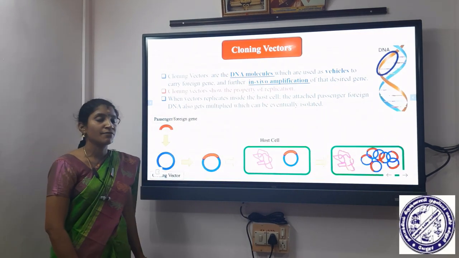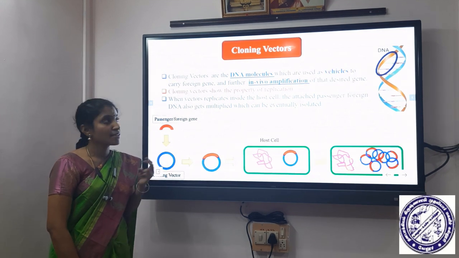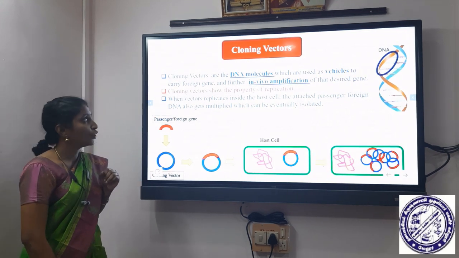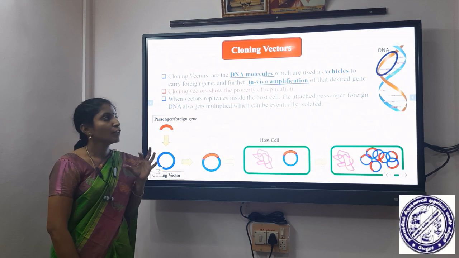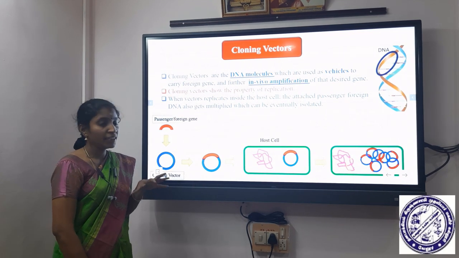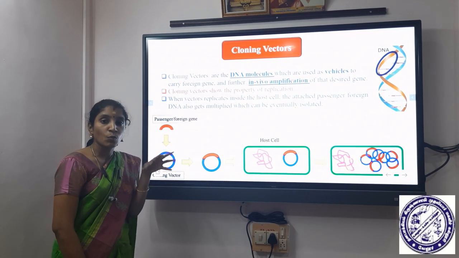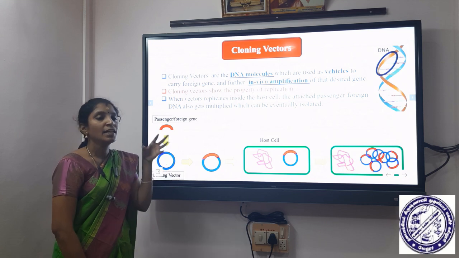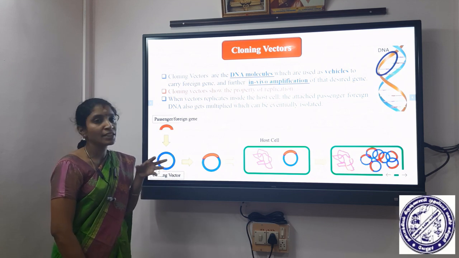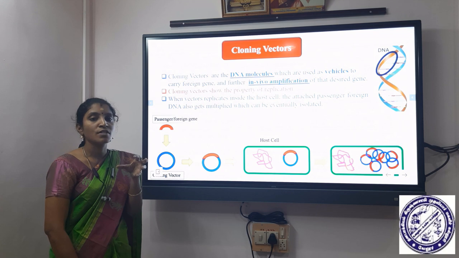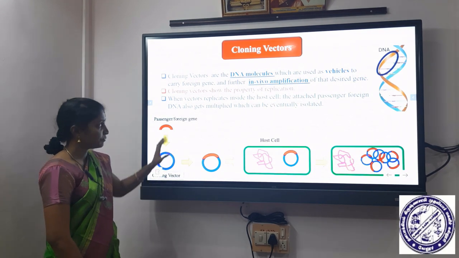So coming to the next one, the cloning vector. This is the second important tool. What is the cloning vector? A cloning vector acts as a vehicle which helps to carry the gene of interest, or the desired gene, into a host for further multiplication.